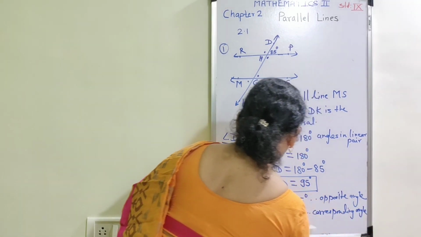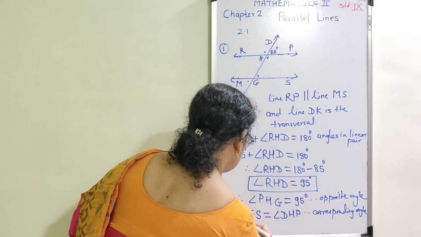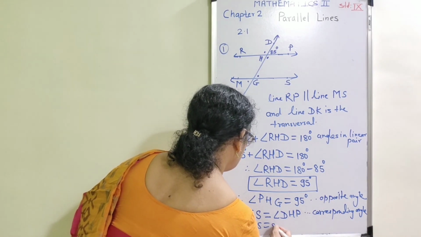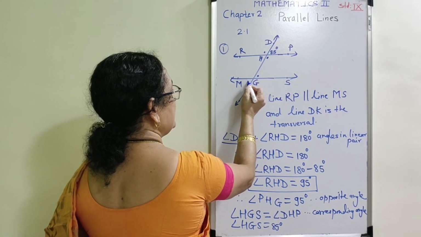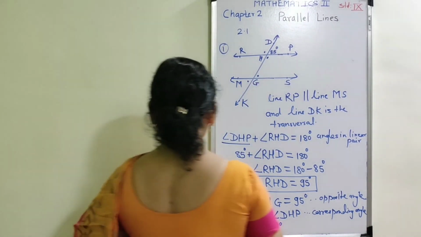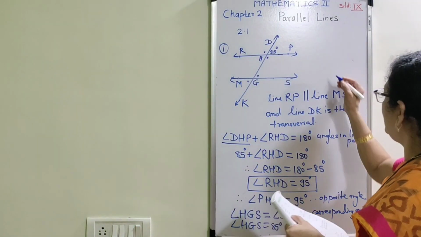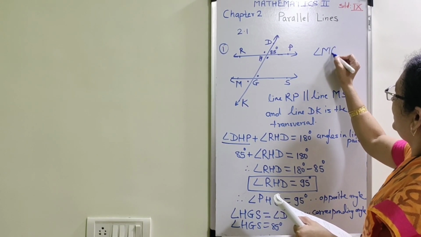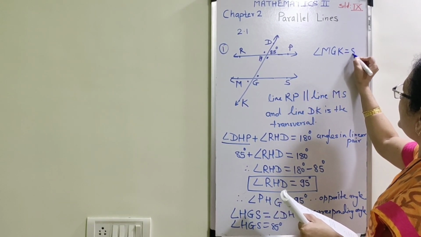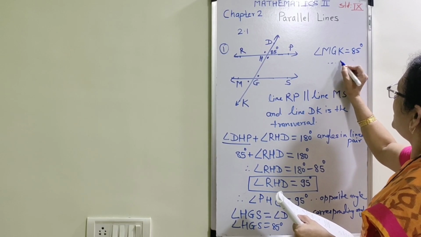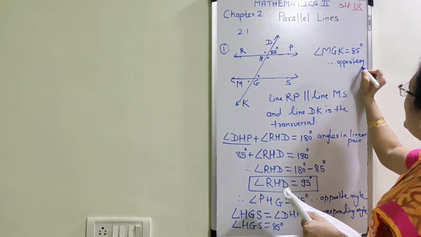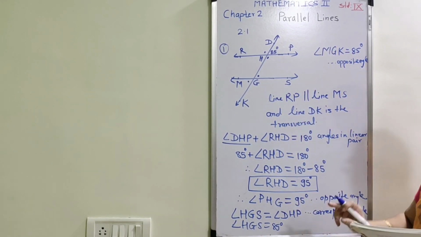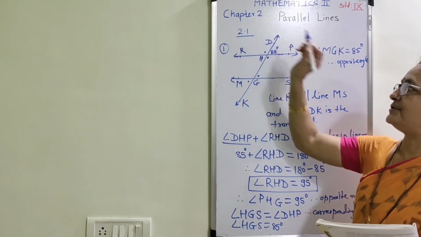And therefore the measure of angle HGS is equal to 85 degrees. If HGS is 85 degrees, then the last angle, angle MGK, is also 85 degrees. The reason is opposite angles.